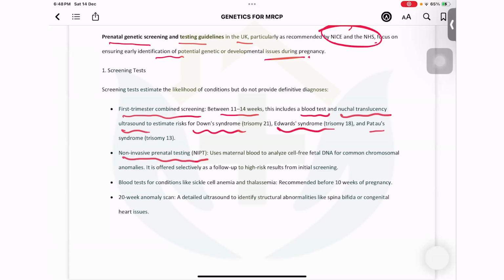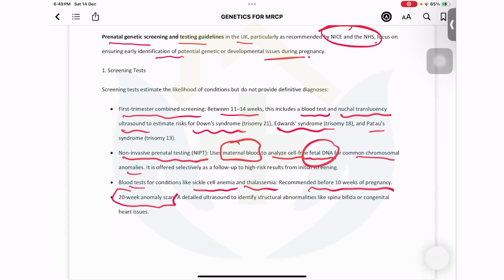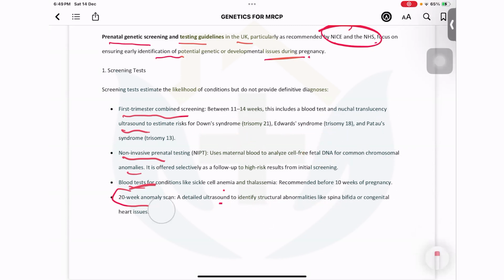Non-invasive prenatal testing, which is NIPT, uses maternal blood to analyze cell-free fetal DNA for common chromosomal anomalies. We may or may not find anything, so it is just a screening test. Blood tests for conditions like sickle cell anemia and thalassemia are recommended before 10 weeks of pregnancy. Then they do a 20-week anomaly scan, which is a detailed ultrasound to identify structural abnormalities like spina bifida or congenital heart issues. If you want, you can take a photograph of this page. This is all I have summarized in one page.